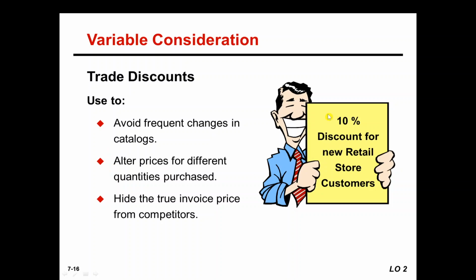For example, the advertisement says 10% discount for new retail store customers. It means the price is still, let's say, 100, but since you are a new customer, you are given 10% of discount. This is what we call a trade discount.